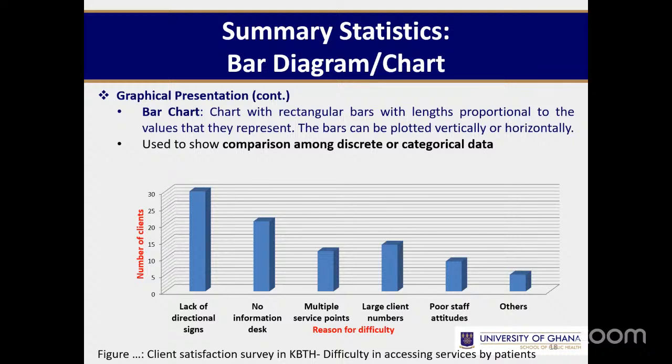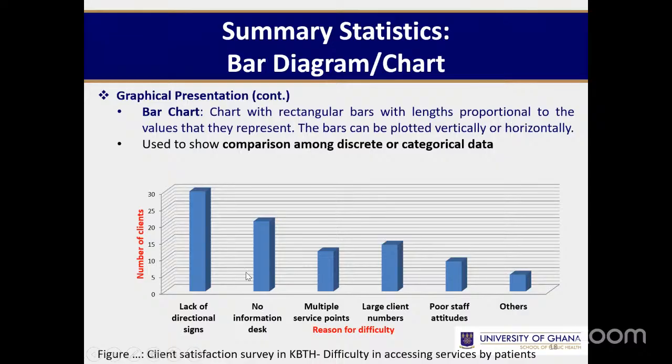So you want to compare these categorical data types. So you have, for example, the client satisfaction survey, and you have lack of directional signs, no information index, it goes on and on.